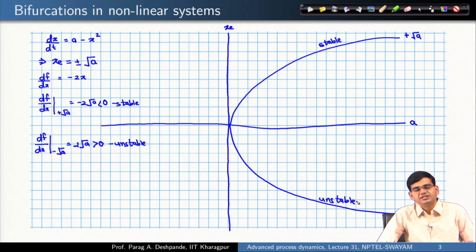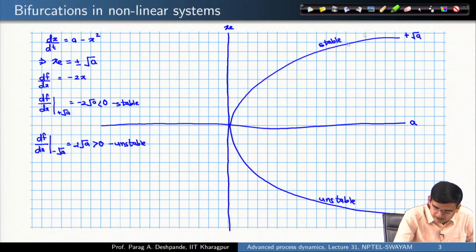Now, to differentiate the curves on this plane from the axes themselves, let me draw these lines using these red highlighters.